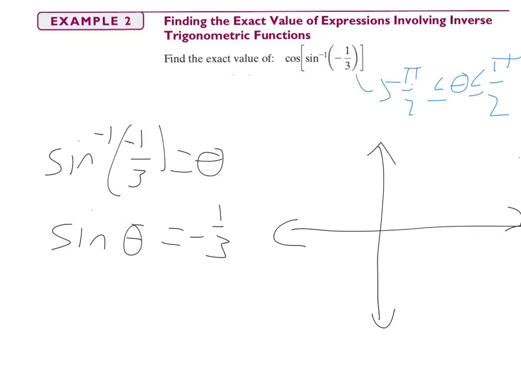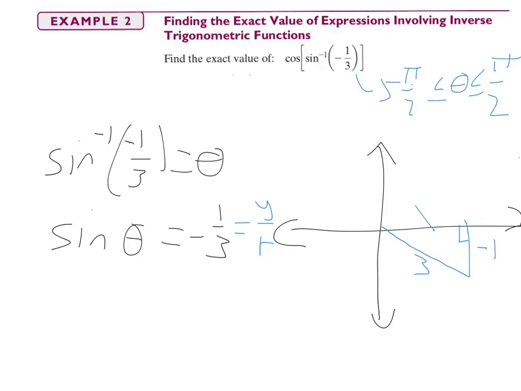And sine is negative in the fourth quadrant, so if we want to draw our triangle, since y is negative in this quadrant, our y displacement would be negative 1, and our hypotenuse would be 3, because it's y over r, or the radius of a circle.